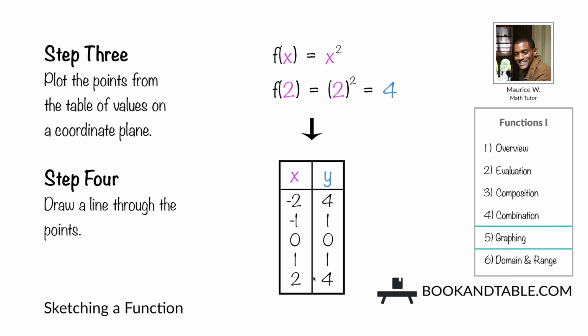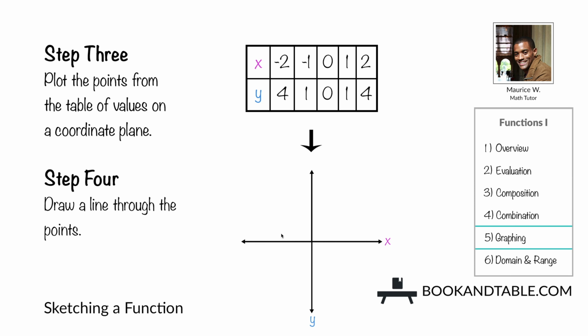And now step 3, we want to plot the points from the table of values on a coordinate plane, and then we will draw a line through those points. So we have an xy coordinate plane. We want to plot -2, +4, and then we plot -1, +1. We then plot 0, 0 at the origin.